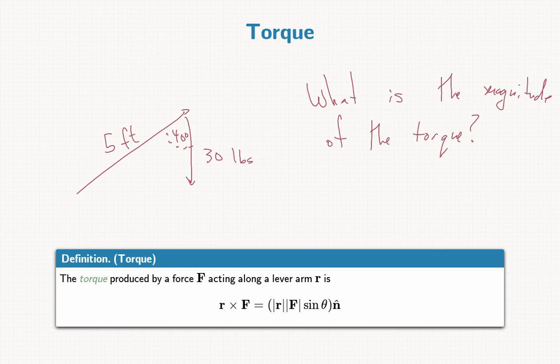Our answer will be the length r times magnitude f times sine theta. So this will be 5 times 30 times sine 40 degrees. Sine 40 degrees is approximately 0.64. And so we get approximately 96.42 pound-feet.